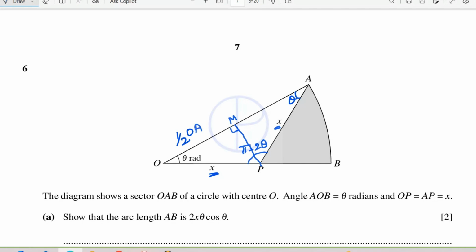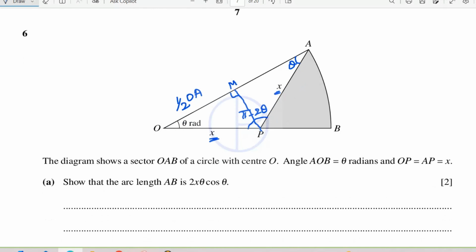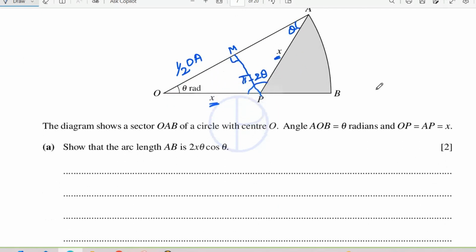Now consider the triangle OPM. In this triangle, cos theta is equal to the adjacent side, which is half of OA, divided by the hypotenuse, which is x.